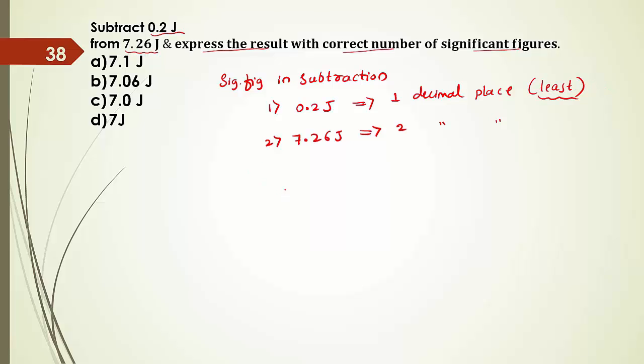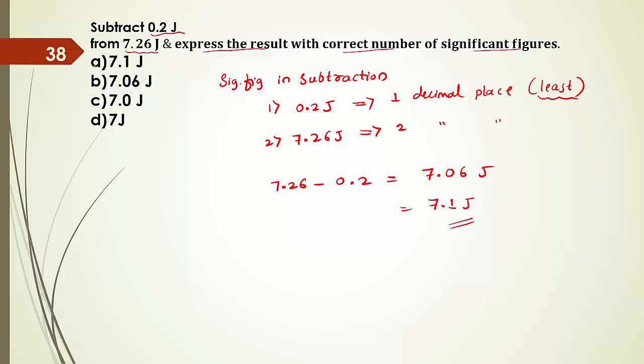So subtract the numbers: 7.26 minus 0.2 is equal to 7.06 joules. But the final result should contain only one decimal place. So 7.06 can be written as, 6 is greater than 5, so the previous number is increased by 1. 7.1 joules. 7.1 joules is the correct number.